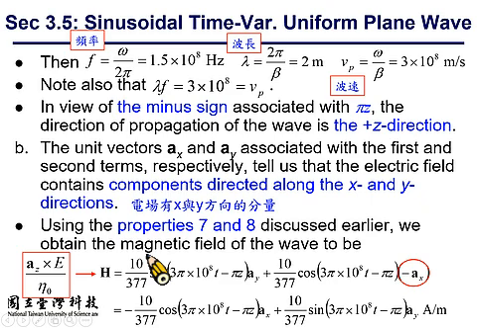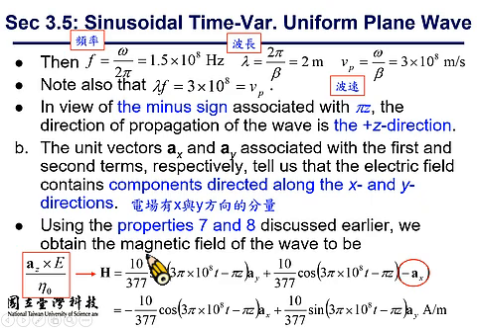Then we are asked to find the magnetic field intensity expression, which can be done by taking the cross product of the propagation direction AZ cross E. That will give you the expression for the magnetic field intensity.